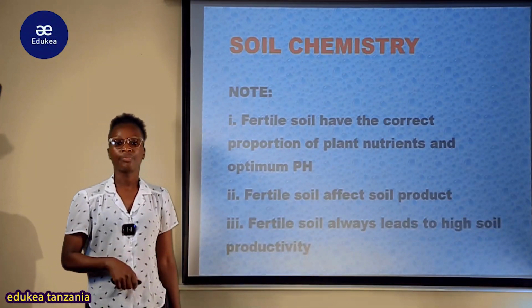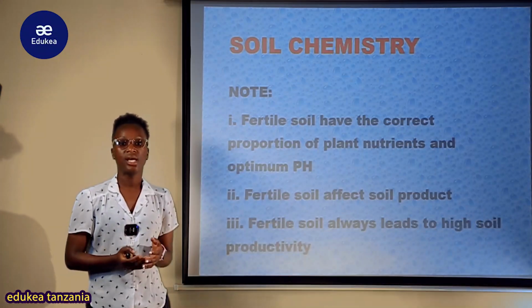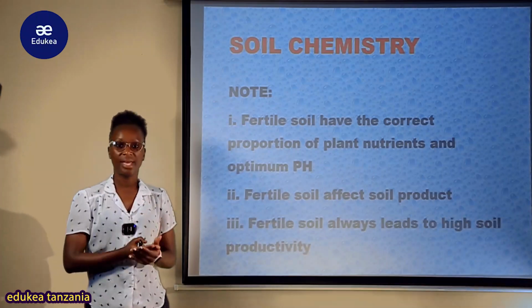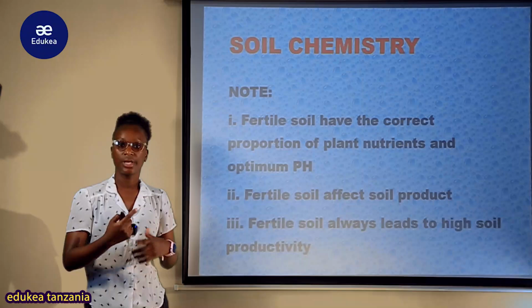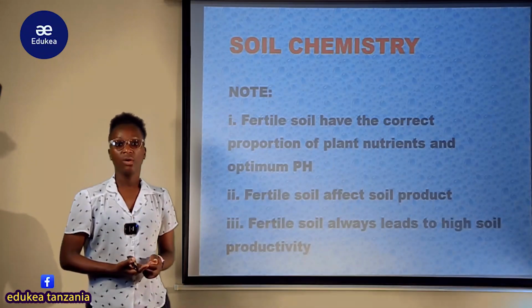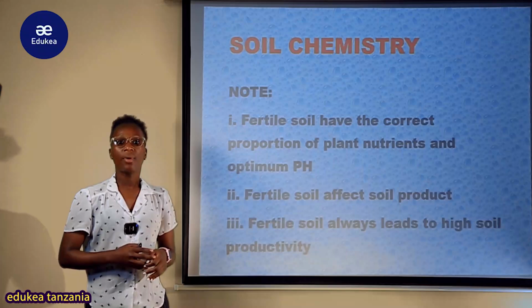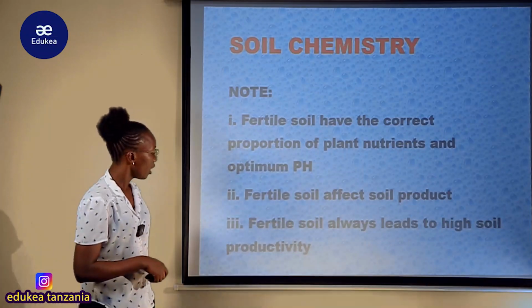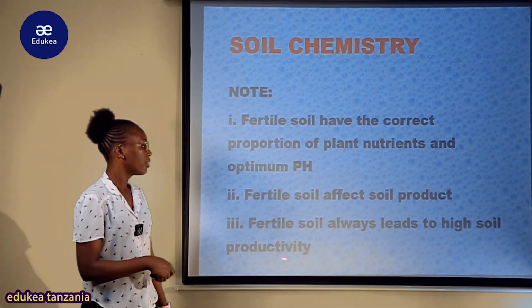For instance, if my soil lacks the required plant nutrients and lacks the optimum pH, simply itaenda kuaffect soil productivity, na maana uzalishaji wake utakuwa ni hafifu. Utakuwa unazalisha mazao ambayo yamedhoofika, ambayo obviously tutakuwa na ile low yield production. Also, fertile soil always leads to high soil productivity.